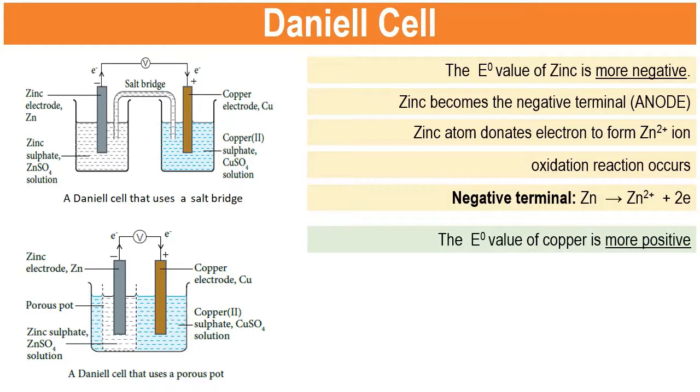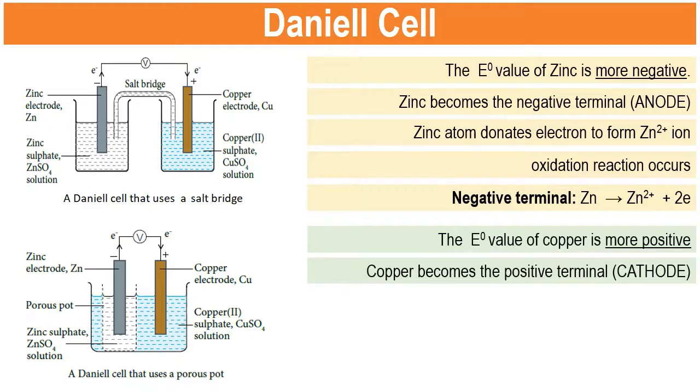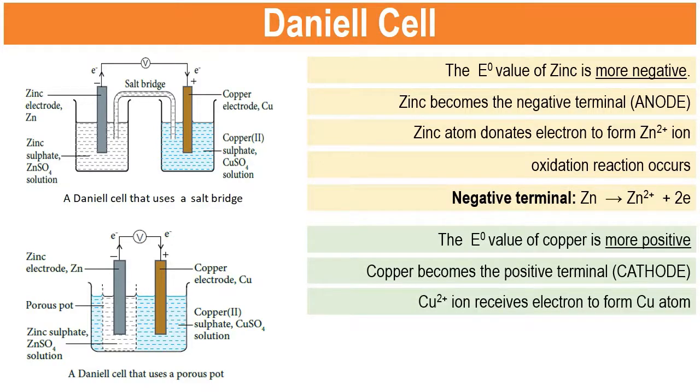While copper, the E0 value is more positive. Therefore, copper will become the positive terminal. We call this terminal the cathode. Why cathode? Because the copper ions from the solution receive electrons at this electrode to form copper atom.